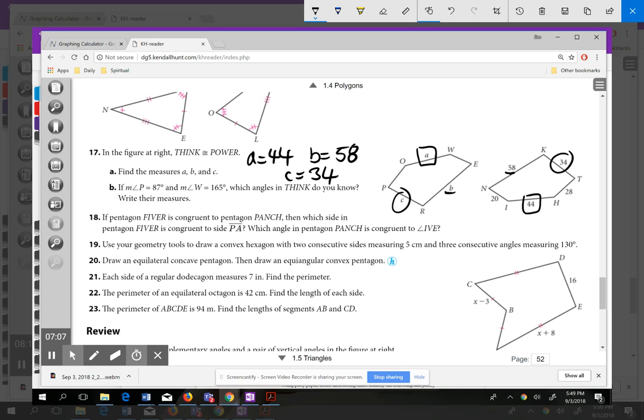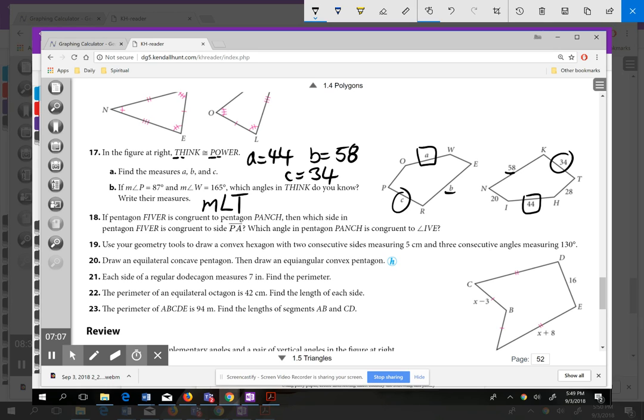What angles in the other polygon do you know? Well, if you recall from the book that when naming these, all of the vertices should correspond. So C should be congruent to P, and angle H should be congruent to angle O, and so on and so forth.